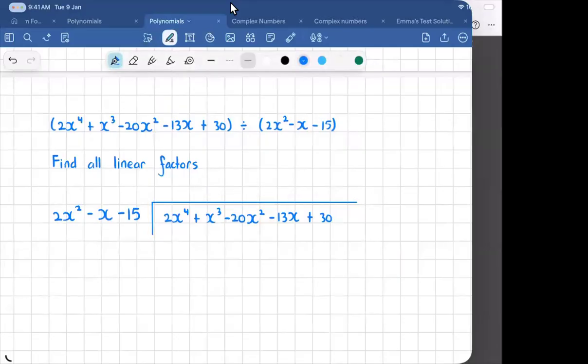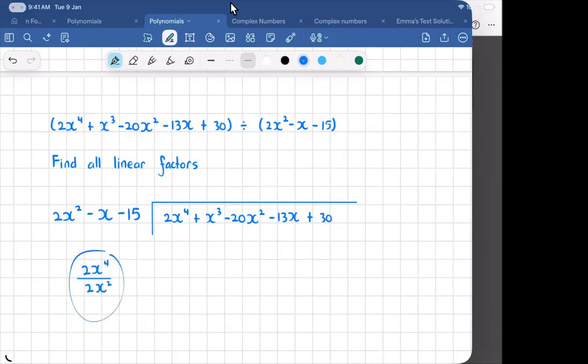Okay, so the first step is divide 2x to the power of 4 by 2x squared, and that would be x squared. Right? So, Avinash, let me know if you understand my first step. Yes, sir. Right.